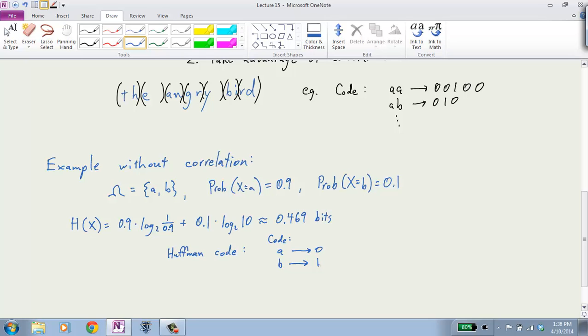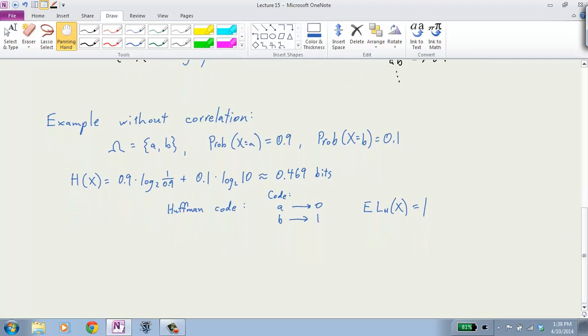You have no choice when you have only two items. So what's the expected length of the Huffman code for this problem? It's 1. The length is 1 all the time. So we're within our bound, right? We knew we would be between entropy and entropy plus 1. But you'd like to somehow take advantage of the fact that you know A's are more likely than B's.